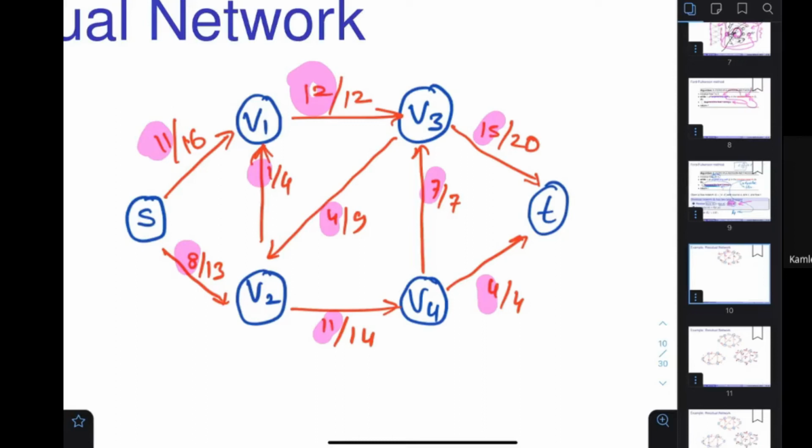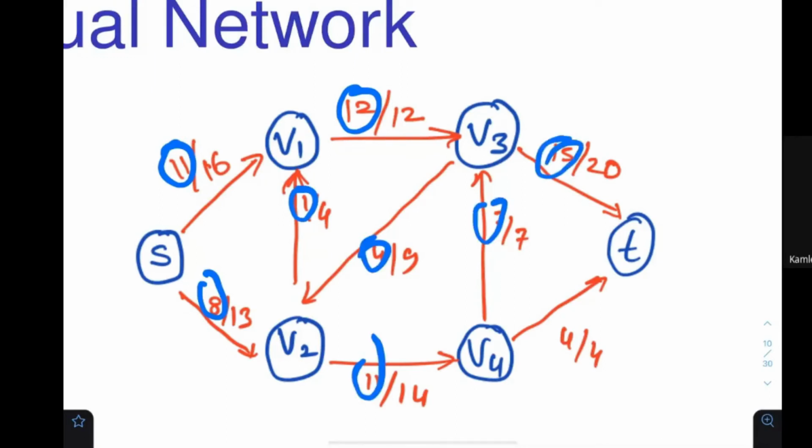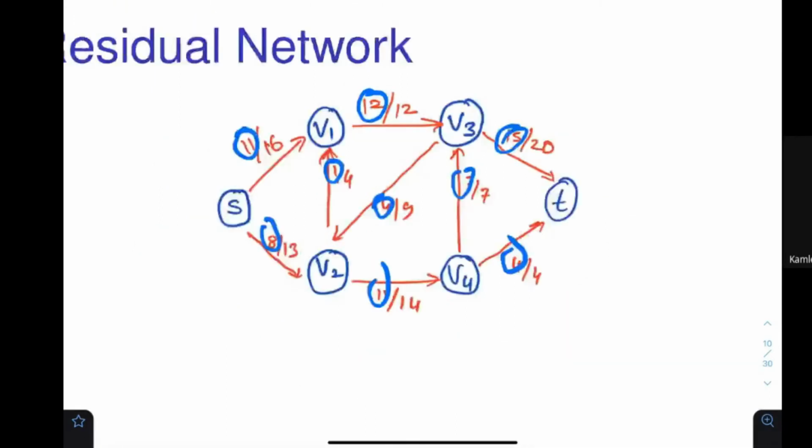They represent flow. When you start your algorithm, these values are going to be 0. But let's assume at some point of time this value is 12, this value is 11, this value is 8, this value is 1, this is 4, this is 11, this is 7, this is 15, this is 4. Let's assume this is the scenario.